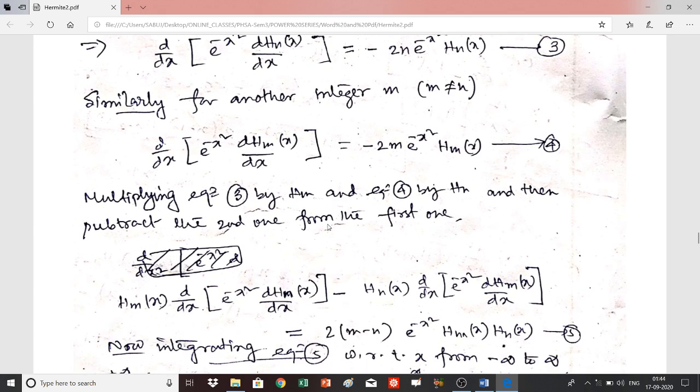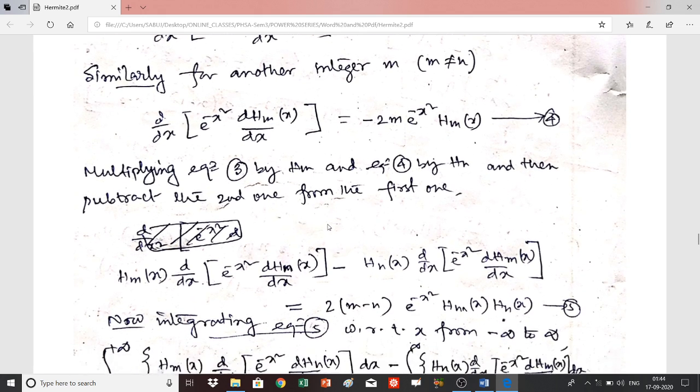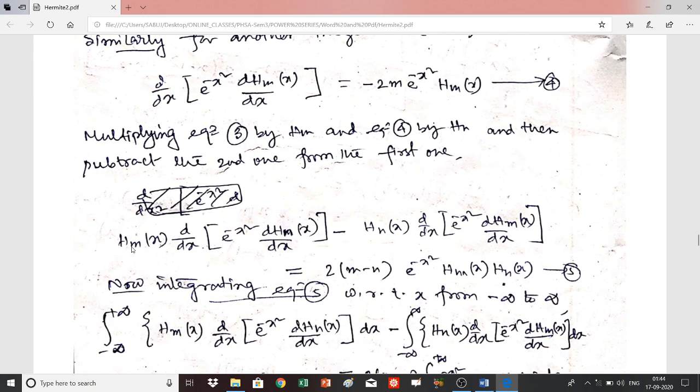So if we subtract the second from the first, it will give you H_m(x) d/dx of e to the minus x square dH_n(x)/dx minus H_n(x) d/dx of e to the minus x square dH_m(x)/dx.